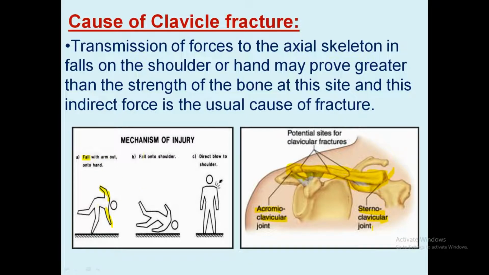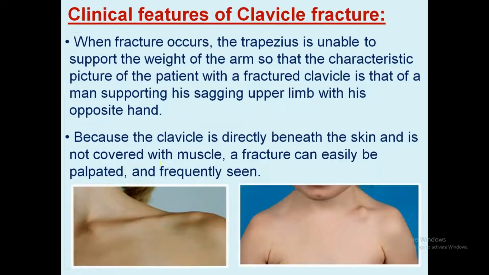And the fracture of the clavicle is also common in adult athletes like football players, hockey players. So இவங்களுக்குமே fracture of clavicle is common. Okay, next is the clinical feature of the clavicle fracture.